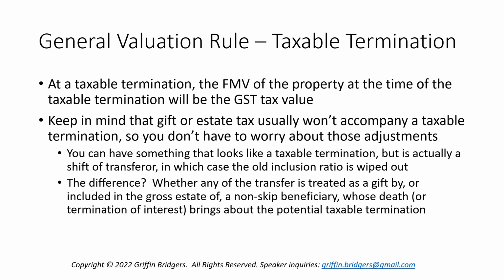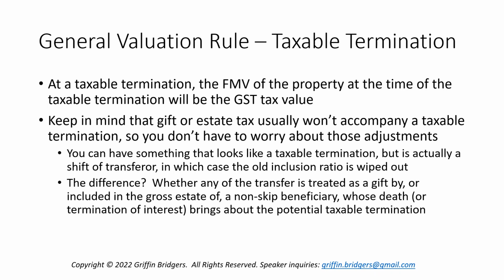So what's the difference? Really, the question here is whether the taxable termination apparent comes about as the result of any event where there's a gift by the new transferor or inclusion in the gross estate of the new transferor, which is usually a non-skip beneficiary whose death or termination of interest is bringing about the potential taxable termination in this case.